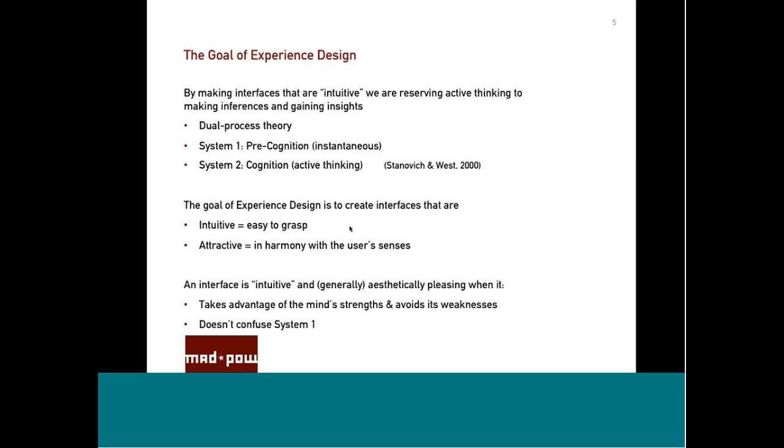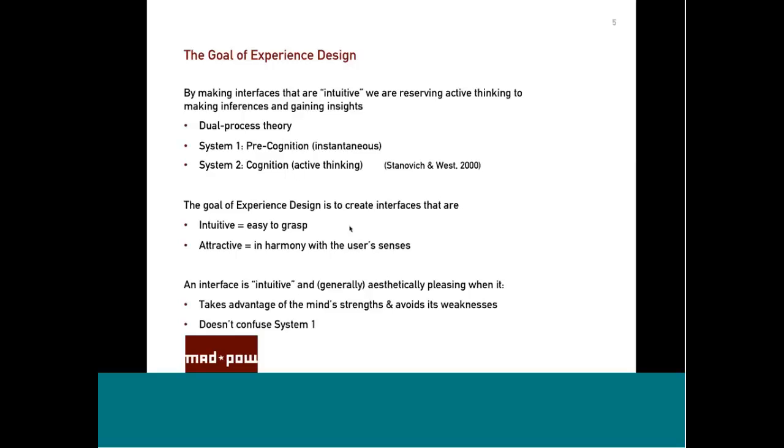System 1 is that instantaneous recognition that happens before anything really hits your cognitive mind. And System 2 is that active thinking, it's cognition. System 1 is everything that we can do intuitively without thinking about it. System 2 is where we start really thinking about things and having to use our brains to get insights.